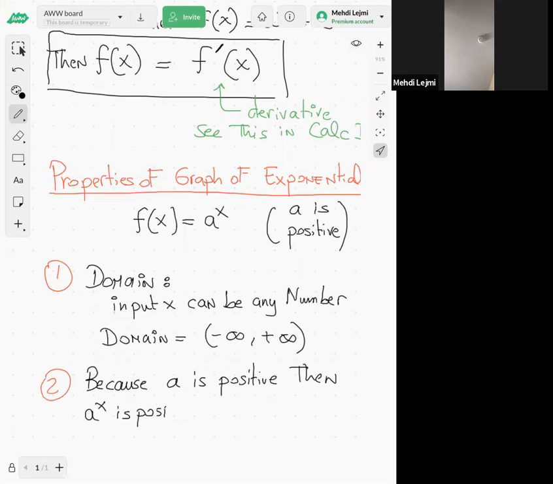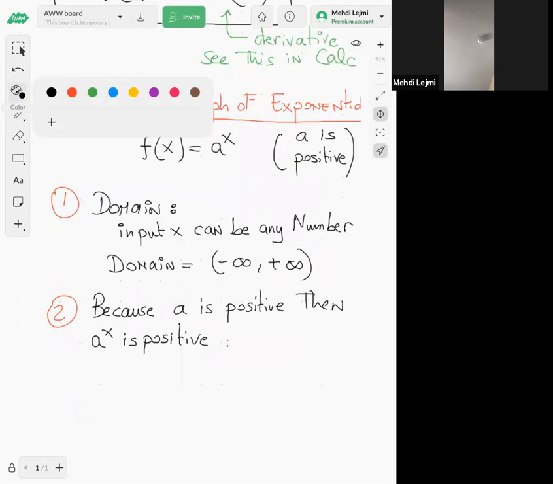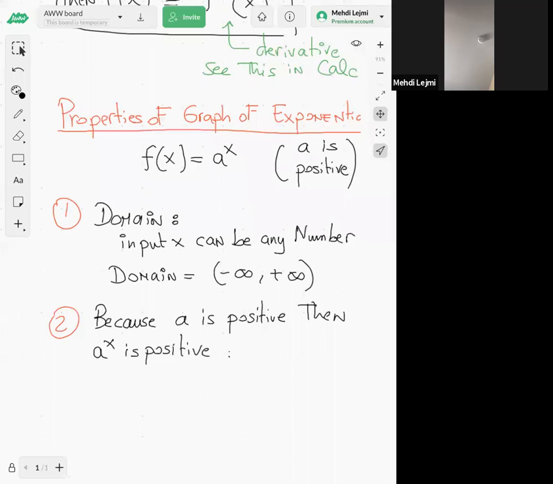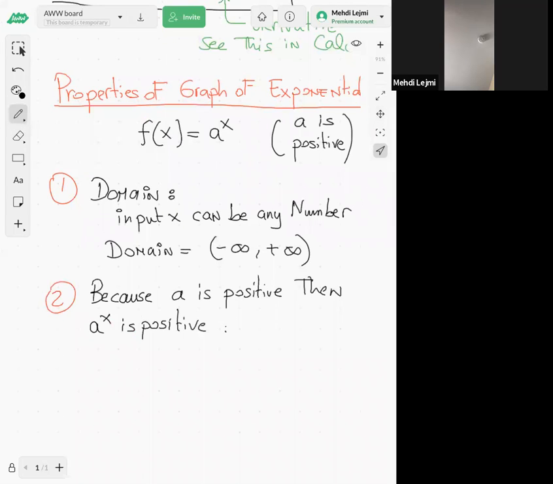So the range, the set of outputs, would be just the positive numbers. It cannot be 0.